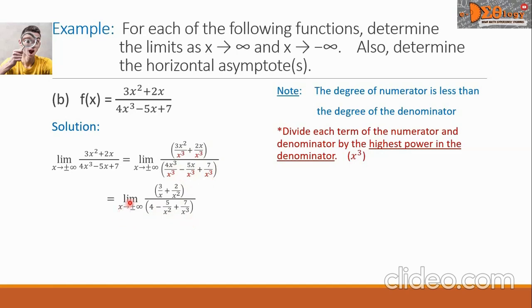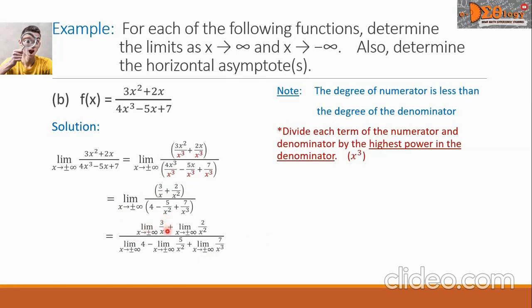Now, let us take the limit of each of the terms in the numerator and in the denominator. So it becomes like this. Let us simplify each of the limits.